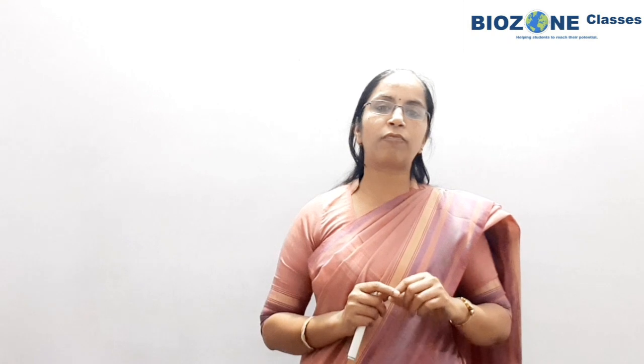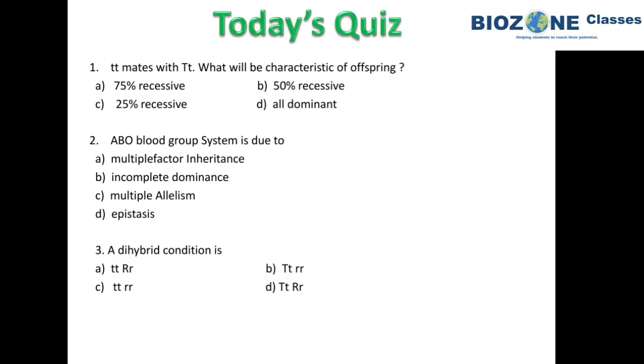And for today's session, the three questions for your practice are: question 1, small t mates with capital T small t, what will be the characteristics of offspring? Option A, 75% recessive, B 50% recessive, C 25% recessive, and D all dominant.